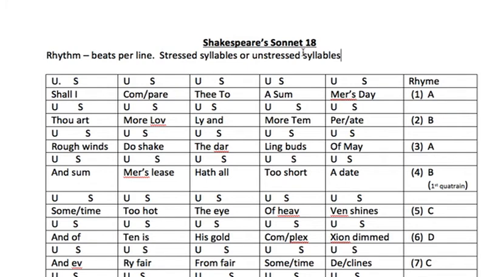And every Shakespeare line has a combination of stressed and unstressed syllables. And so what I've done is I've noted how many stressed and unstressed syllables there are, and you'll notice I've put a U above every syllable that's unstressed and an S above every syllable that's stressed. As you read Shakespeare's poem aloud, you'll notice that the pattern is a very, very regular pattern of unstressed followed by stressed, unstressed followed by stressed, unstressed followed by stressed.